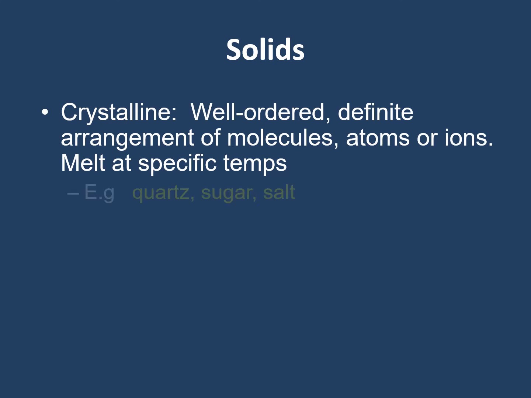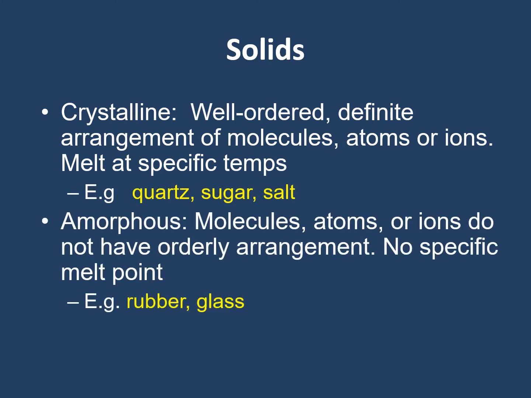Really, structures of solids can be broken down into two major types, crystalline and amorphous. So what's the difference? We should know the difference between them. Crystalline solids are incredibly well ordered. They have a repeating, definite structure that keeps repeating over and over and over again throughout the structure of the solid. They also melt at very specific temperatures, right?